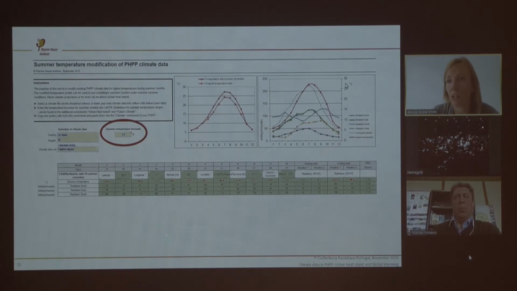It can be 1 degree, it can be 5 degrees, whatever you think is suitable. The tool will adapt your climate data accordingly so that you have higher temperatures during summer. That adjusted climate data can then be reinserted into your PHPP and used as a boundary condition. So you're basically using the PHPP as normal, but with warmer temperatures during summer.